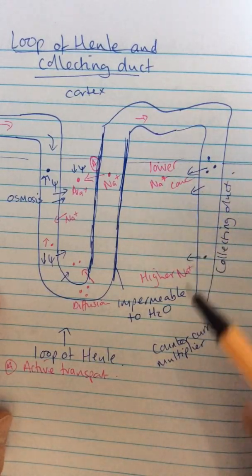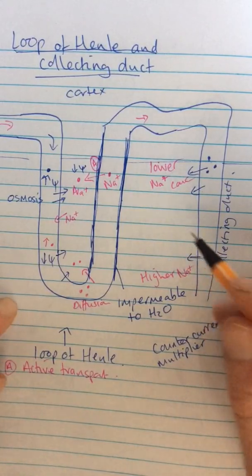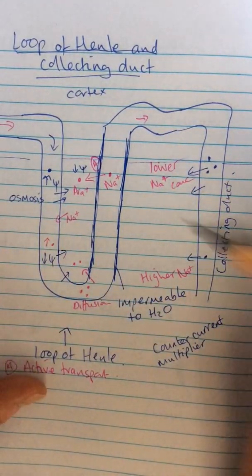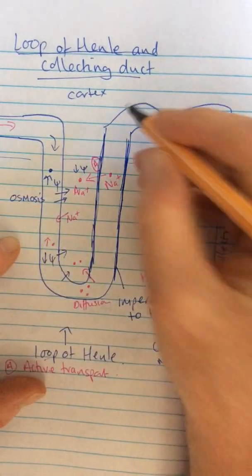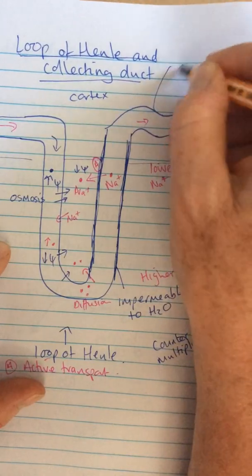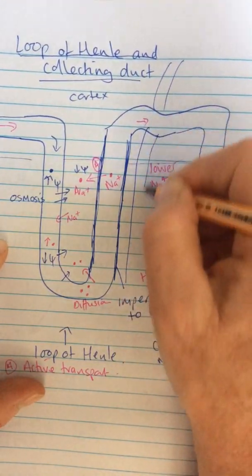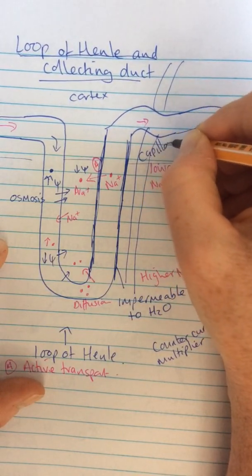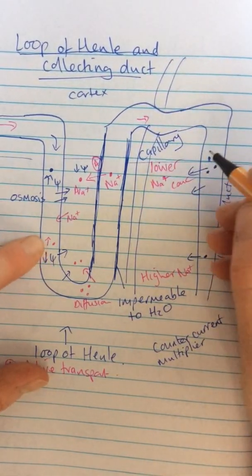Just have to remember that there are obviously blood vessels surrounding this whole thing. So if I were to draw one here, because there are loads of them, that is a capillary. So there's a capillary.